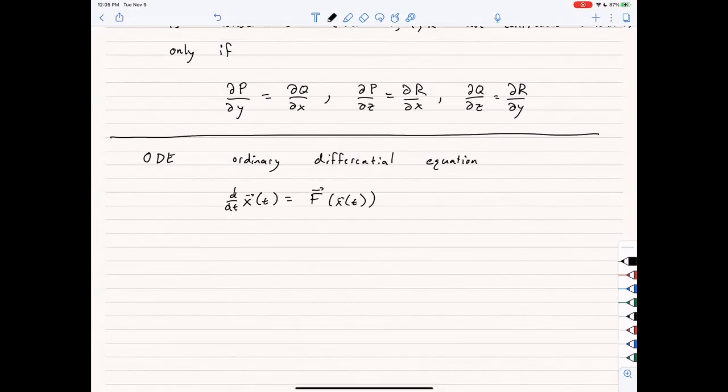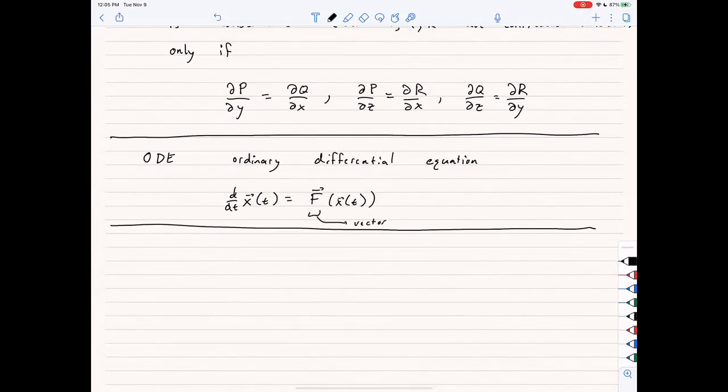So this is a single equation that you can reduce certainly all of the ODEs you'll see in a basic course on ODEs to. Even if they involve higher derivatives or whatever, they can all be reduced to this. And what this equation is, F here is a vector field.